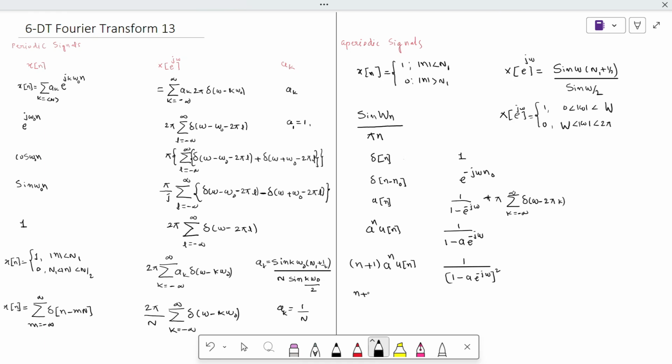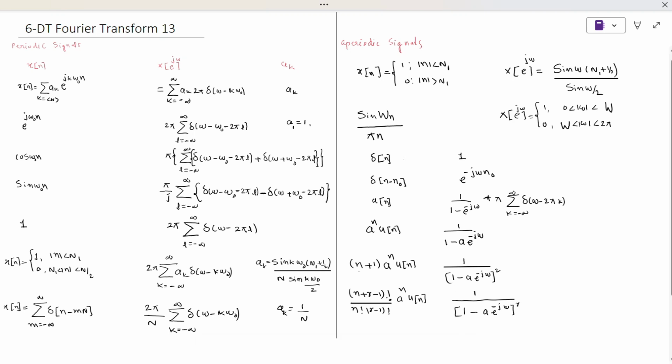Similarly, (n plus r minus 1) factorial, where n is a variable and r is a constant, divided by n factorial into (r minus 1) factorial, into a to the power of n into u of n, equals 1 by (1 minus a e power minus j omega) to the power of r.